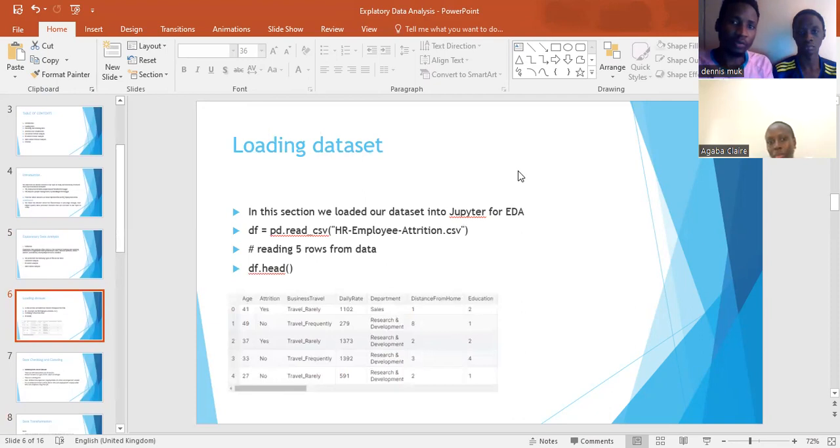We loaded the data we selected in Jupyter for our EDA using this line of code, then used df.head to view the first 5 rows of our data set, which is this.